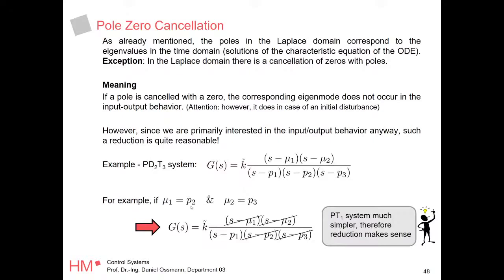Now let's assume this first zero is equal to the second pole, and the second zero is equal to the third pole. Now we can cancel, and we still only have a PD1 system. And working with this PD1 system is much easier than with the PD2 T3 system, right? So that's the idea.